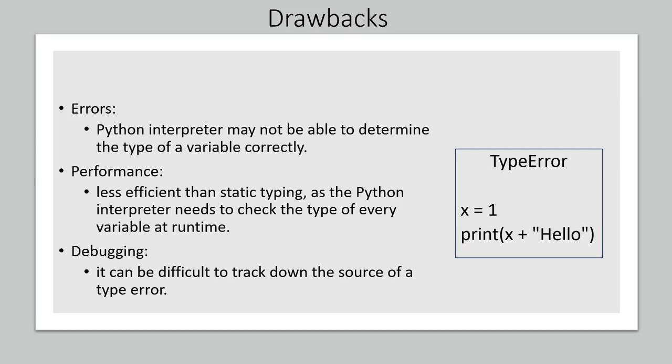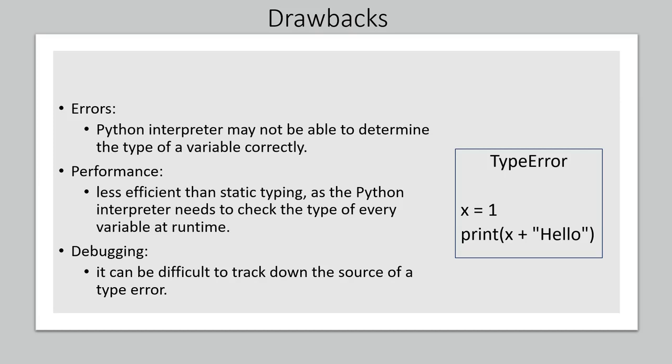One is the Python interpreter is unable to determine the type of the variable correctly in certain cases. The efficiency of statically typed languages is higher because at runtime it is not essential to check what the type of the variable is.